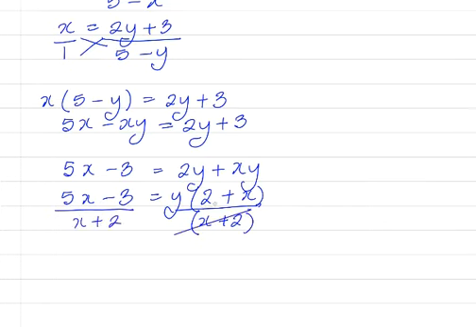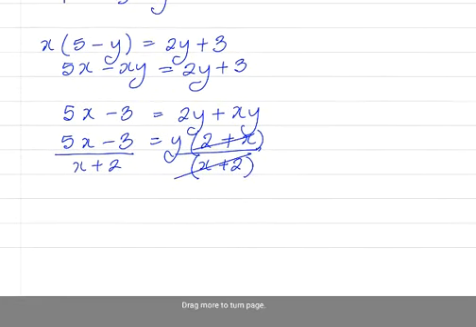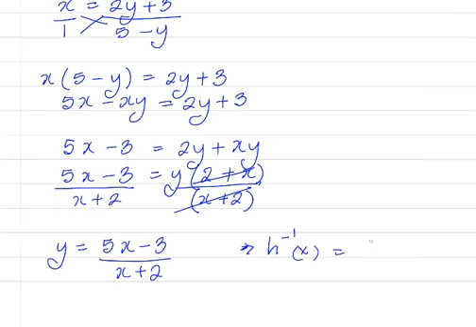So this cancels here, and so what I have now is y is equal to (5x minus 3) over (x plus 2). This is step 3, and the final step is simply to say h inverse of x is equal to (5x minus 3) over (x plus 2).